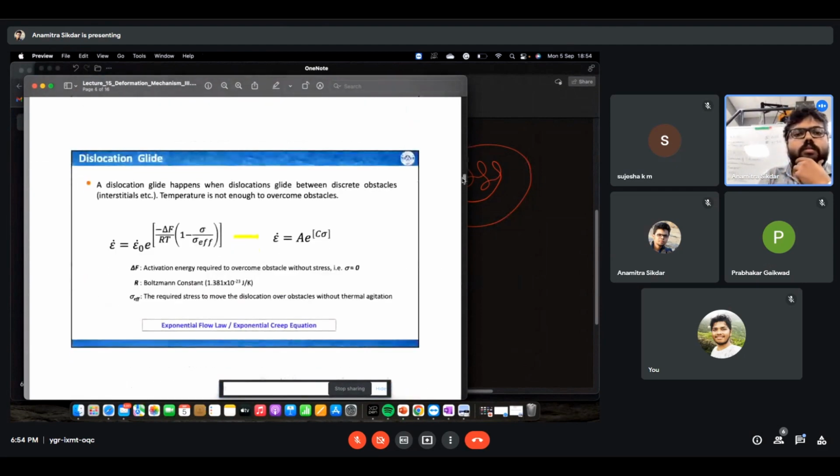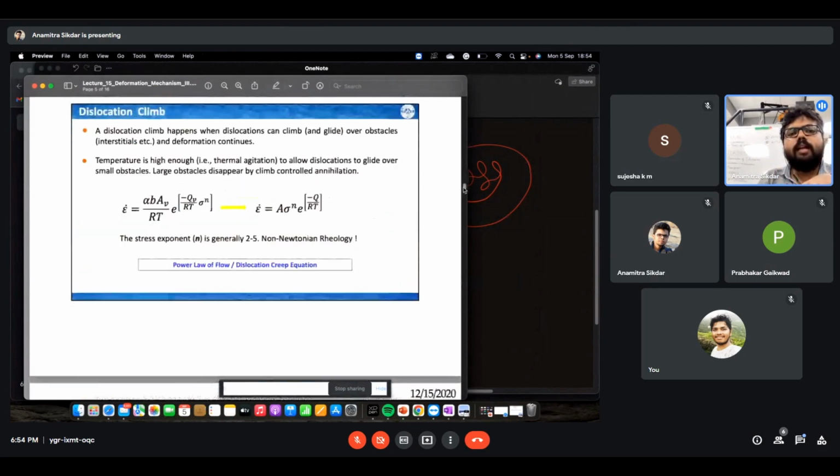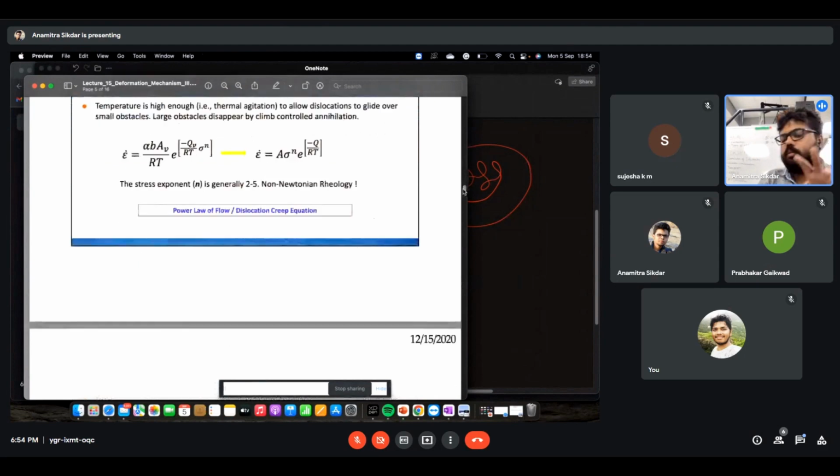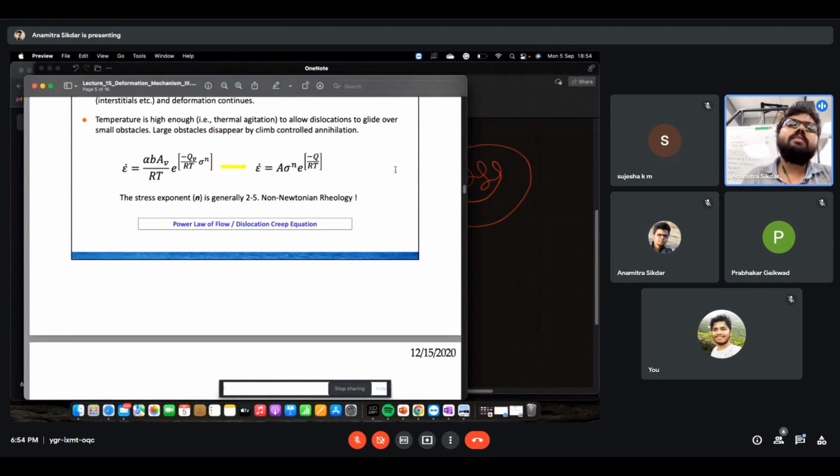These are the equations which define how dislocation glide and dislocation climb can be represented in mathematical models. There are some terms missing, though. In recent publications you can add a term for water fugacity, or a different activation volume, and you can change this Q, which is the enthalpy.